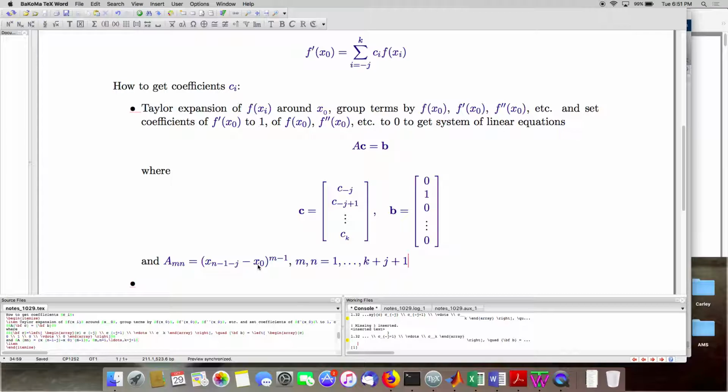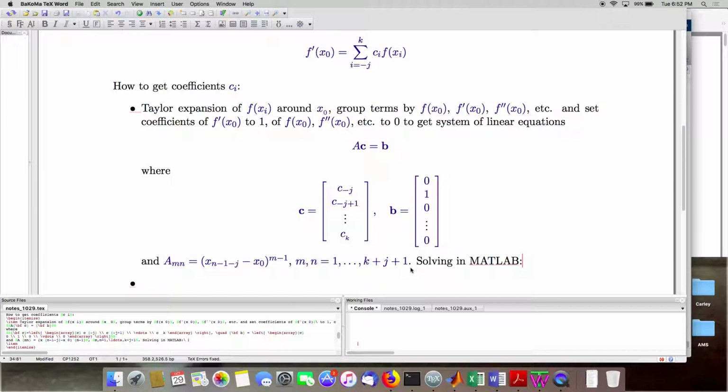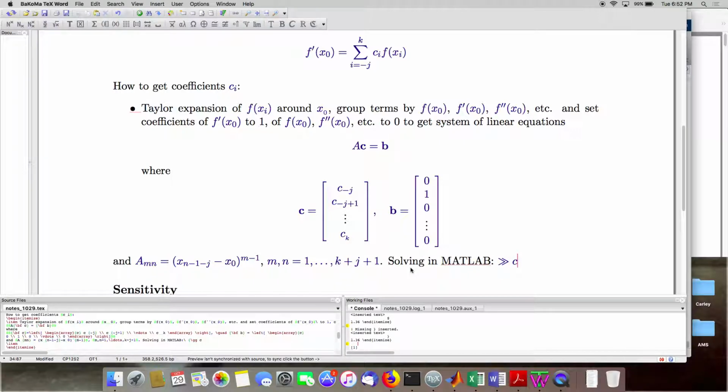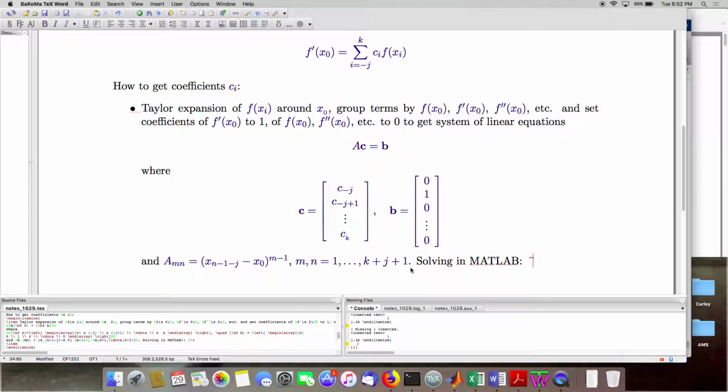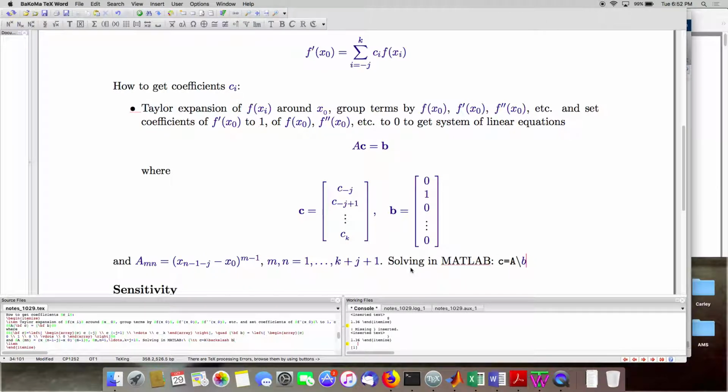So it becomes a lot simpler in that case. And then you can solve the system as you normally do in MATLAB. So you can say C equals A backslash B.